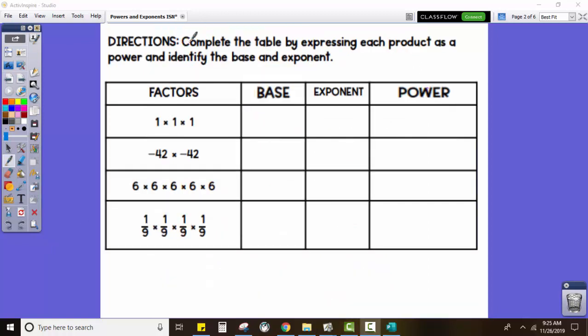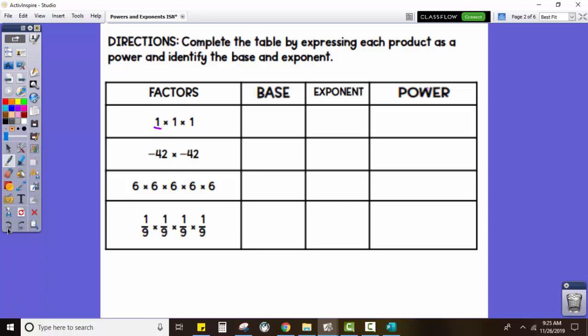Okay, so now we're going to do the reverse of what we just did. It says complete the table by expressing each product as a power and identifying the base and the exponent. So we're going to take the factors, the expanded form we call this, figure out the base, the exponent, and then write it as a power. To find the base, we look at what number is being multiplied over and over again.